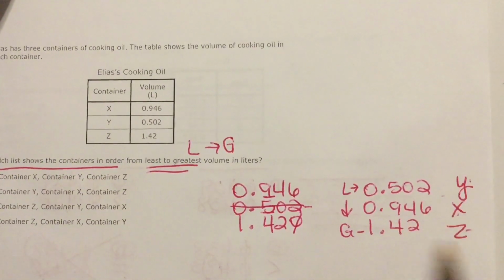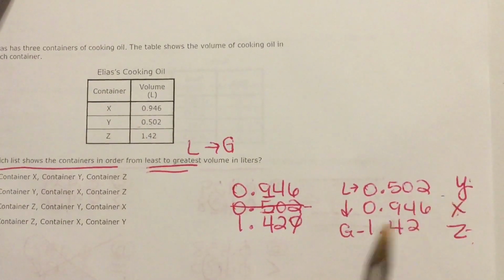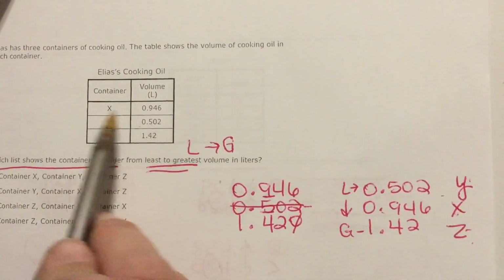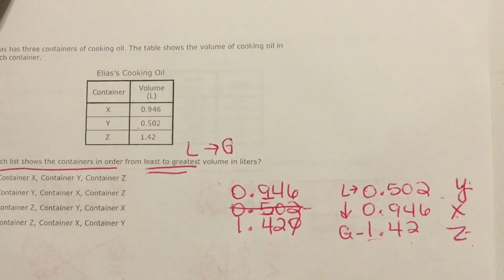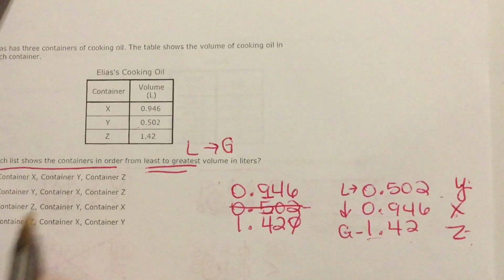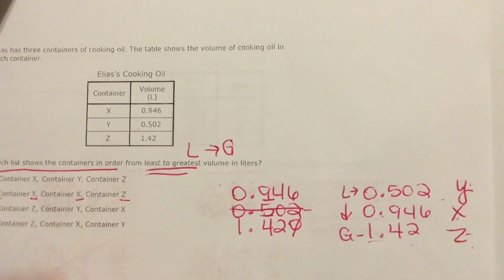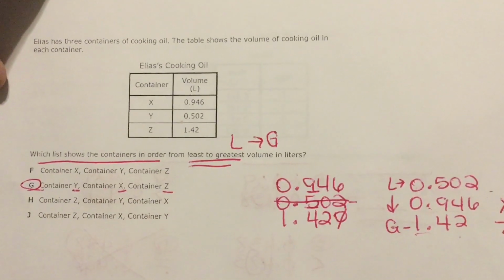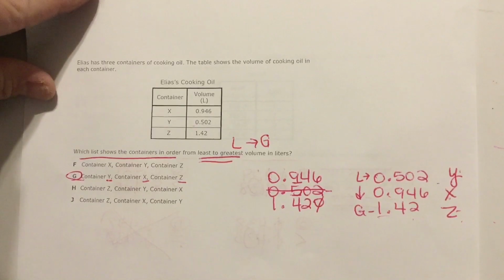Y, X, and Z. 0.502 was Y. 0.946 is X. And 1 and 42 hundredths is Z. So Y, X, Z. Our answer was G. Okay. All right. 2 more.